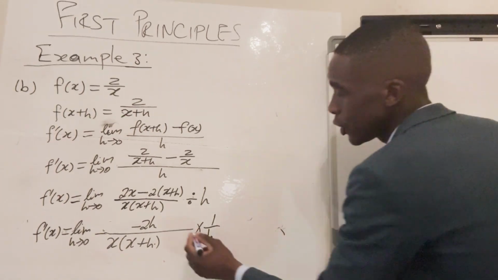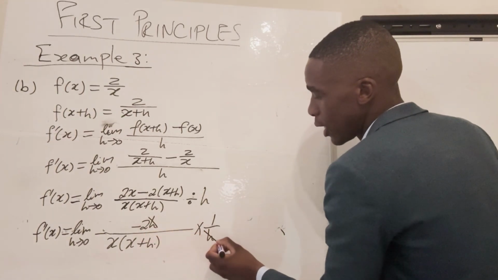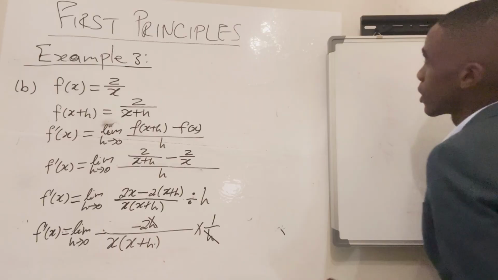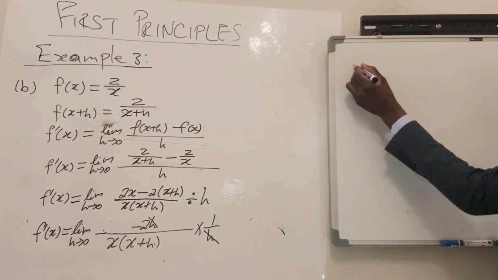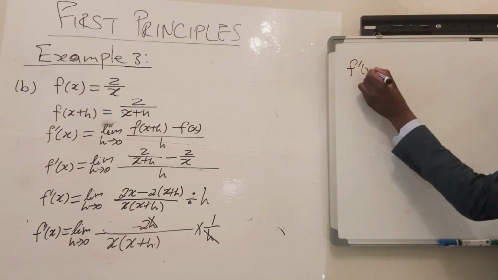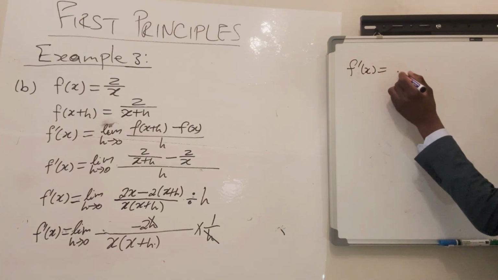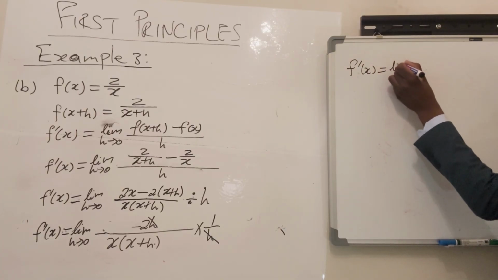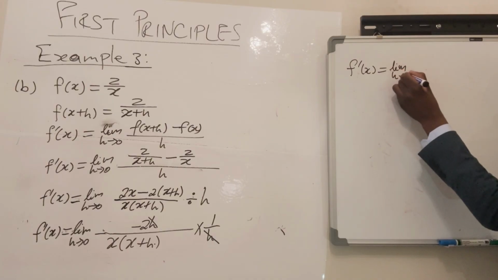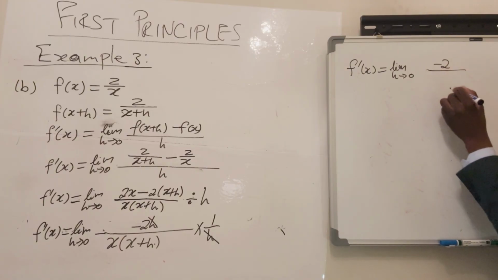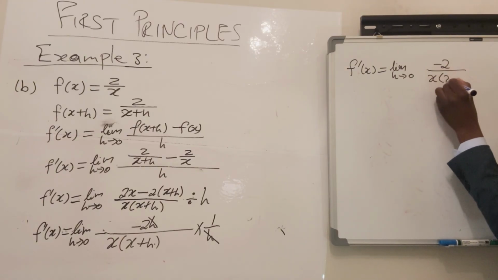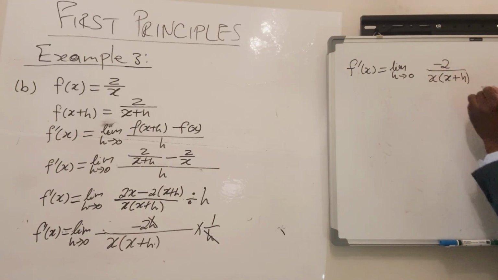That is 1 over h, meaning the h can cancel the h in the denominator, such that you are left with f prime of x as the limit as h approaches 0 of minus 2 over x into x plus h. Are we together? Because the h's cancel.